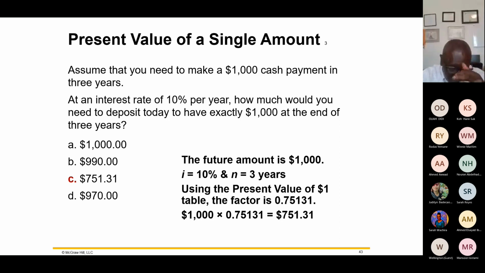Then 1,000 divided by that number should give you 751.31. So that means the present value today will be 751.31. Any question on how to calculate present value? If you have this question coming into your exams, any questions on how to calculate the present value?